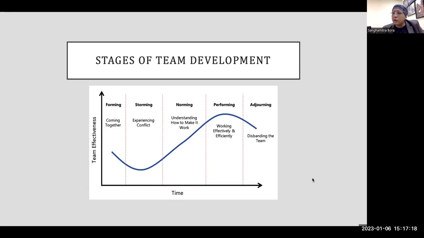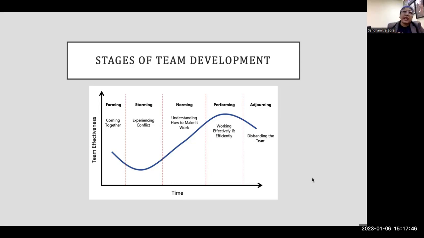Why did the management even think of teaming up this particular nurse with me? So, this is a storming phase. This is extremely turbulent, and everybody would complain. Everybody would always be in anxiety.